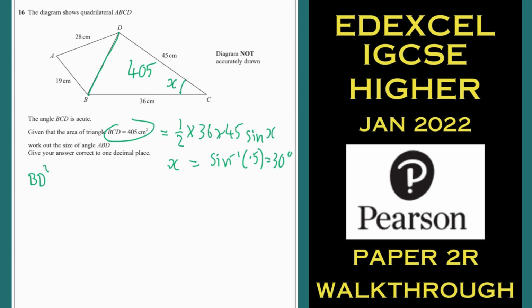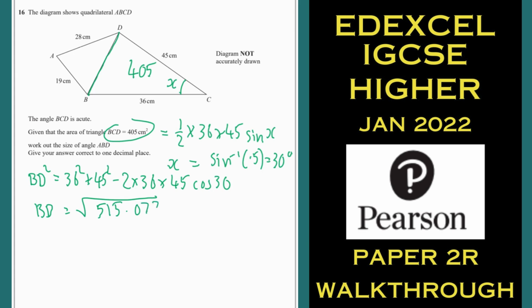So BD squared equals these 2 sides squared and added, take away 2 lots of these sides multiplied by the cos of the angle. Now, when you stick all that in your calc, you should be getting 515-ish. 0.77 to be a bit more precise.